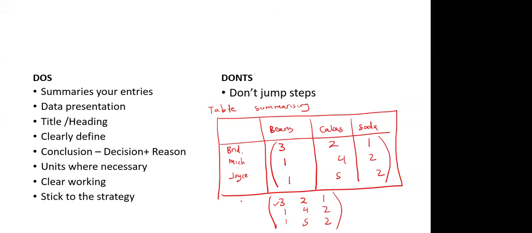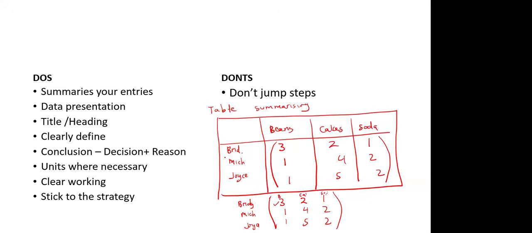Hope that is okay. As well, you can put that this is Bridget, this is Mike, and this is Joyce. Then up here, you put that these are the beans, these are the cakes, and these are the soda. Let someone who's marking know what you have put inside your matrix. That's what I'm saying. First, summarize your data in a simple table, extract your matrix, and then show us what they represent.